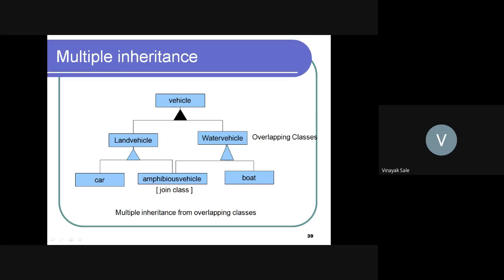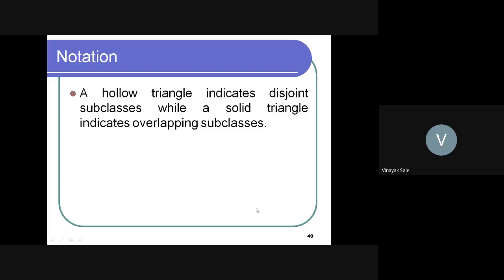A hollow triangle indicates disjoint subclasses, whereas a solid triangle indicates overlapping classes. This is a hollow triangle, disjoint subclasses, and this is a solid triangle, which indicates overlapping classes.